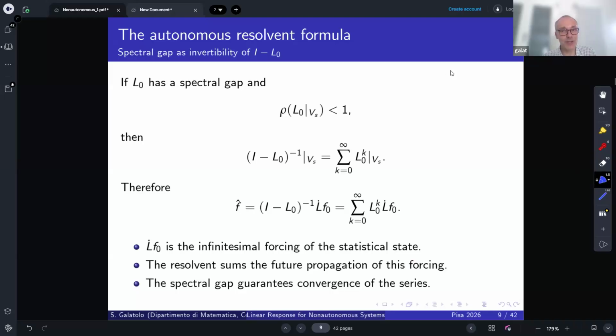And more or less what happened is that in systems like expanding maps, the spectrum of the operator acting on the strong space is made like this. There is an eigenvalue 1 which is having a single eigenvector, which is the invariant density. And then there is something that is called the spectral gap, meaning that there is nothing until a certain disk which is of radius smaller than 1.